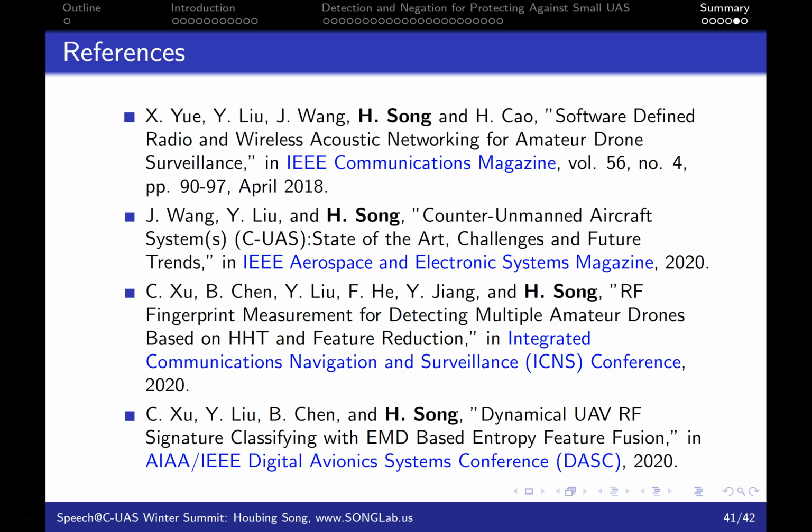So, references: we published several journal and conference articles related to our technology. The first was published in IEEE Communications Magazine in April 2018. The second is our comprehensive survey of Counter-UAS technologies, state-of-the-art, challenges, and future trends. It will be published by IEEE Aerospace and Electronic Systems Magazine sometime this year.